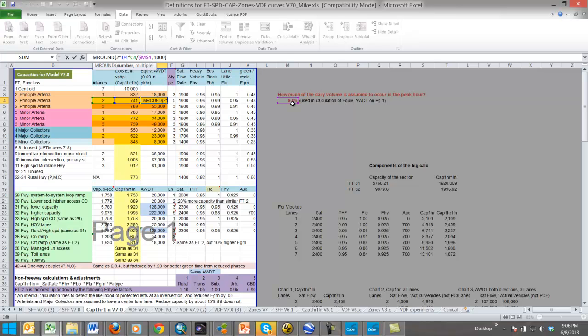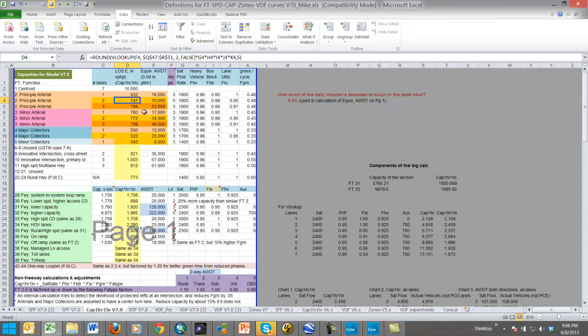And 8 to 10%, 11%, that's pretty typical for a single road. 10% is a good rule of thumb, where if a road has 40,000 cars a day on it, then it probably also has about 4,000 cars in just its one busiest hour. So that's what that means.